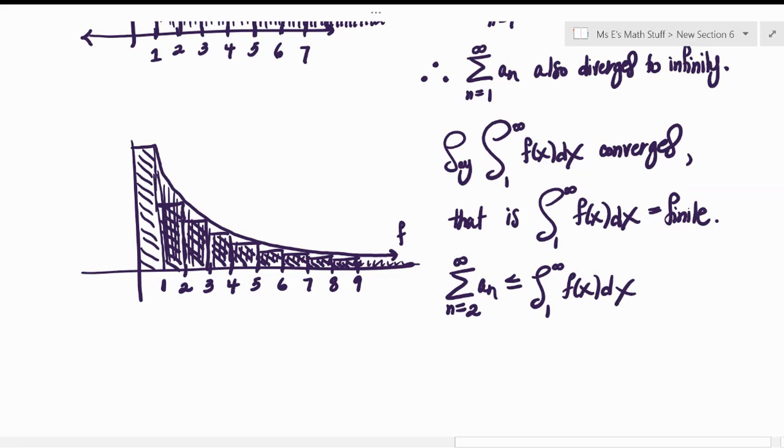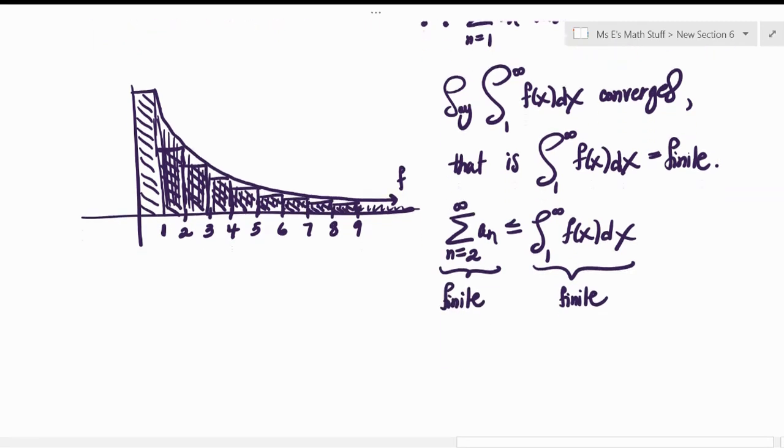And since this is something finite, then this would also be finite. And I know that I did leave out what you'd get for the first term, but because your function was continuous, your first term is definitely something finite.